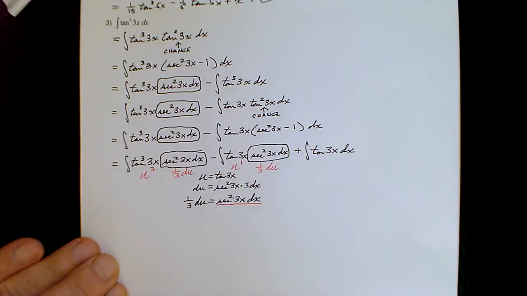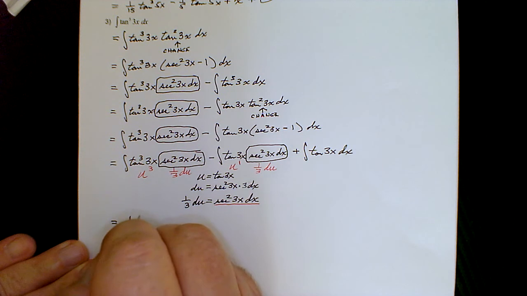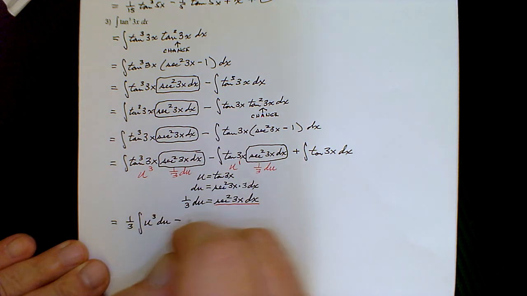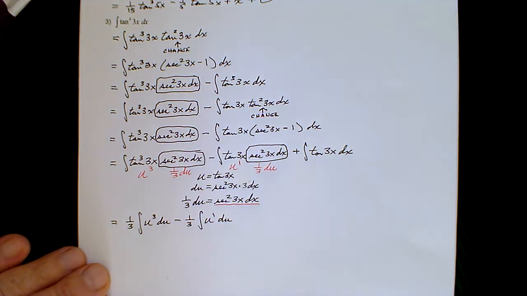So change of variables, 1/3 integral u cubed with respect to u, minus 1/3 integral u to the first with respect to u, and recopy integral tangent of 3x with respect to x.